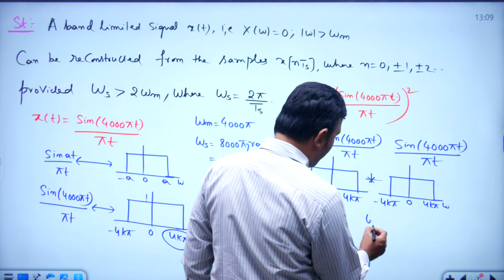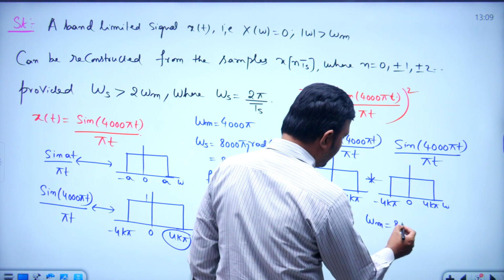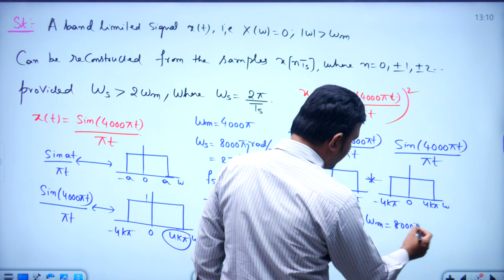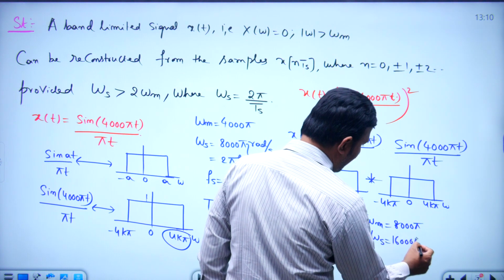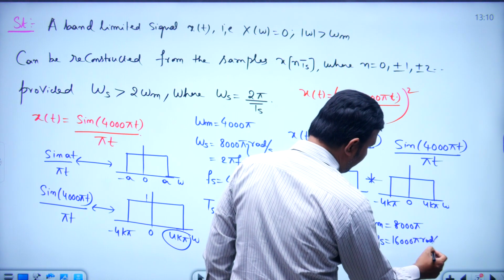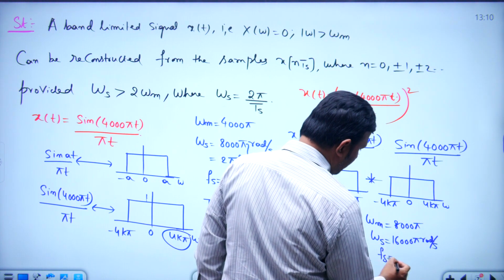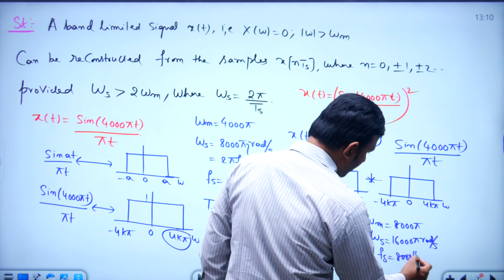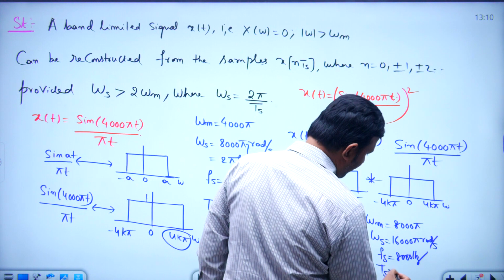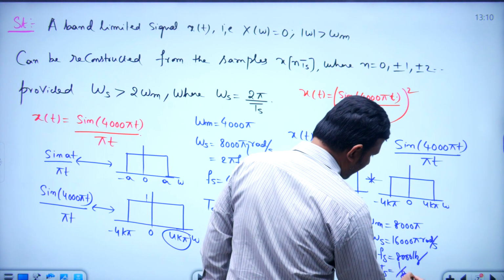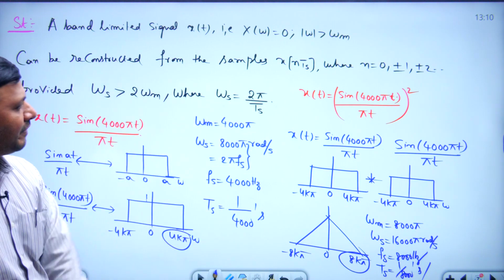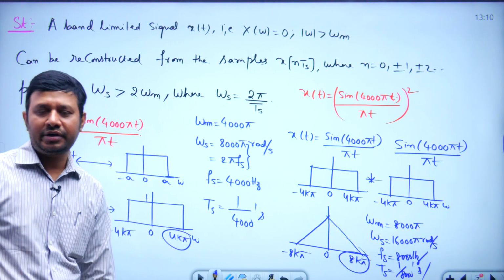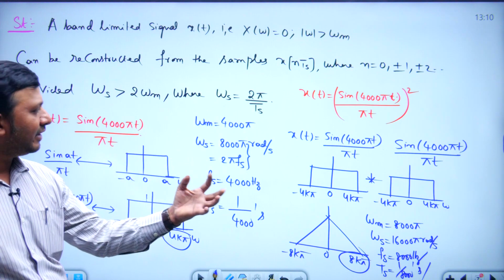So omega m is 8000 pi, Nyquist rate omega s is 16000 pi radians per second, fs is 8000 hertz, Ts is 1 over fs, 1 by 8000 seconds. In this way we are going to find out the Nyquist rate and Nyquist interval.